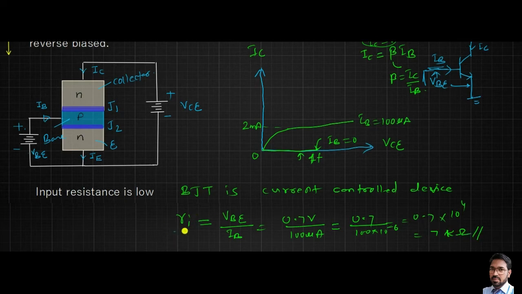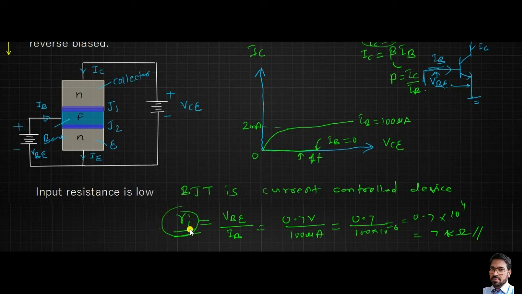So the DC input resistance of a BJT is around 7 kilo ohm. When you compare this with the MOSFET, and we are going to study everything about the MOSFET, we will come to know that the input resistance of that device is much higher as compared to BJT. We require high input resistance in the design of amplifiers, flip-flops or digital circuits.